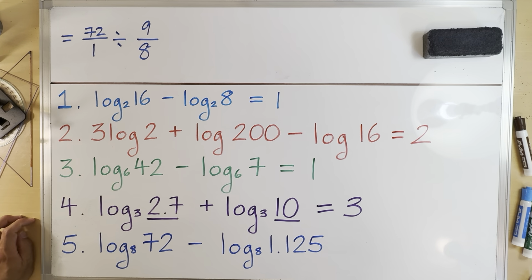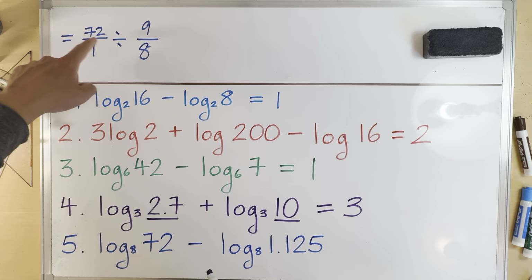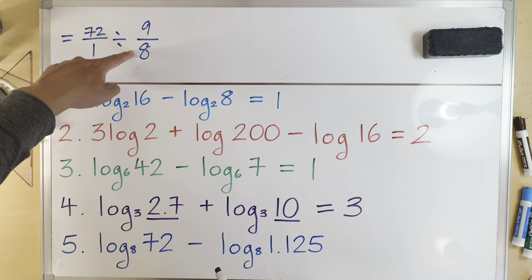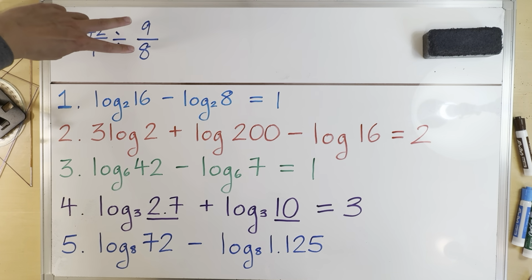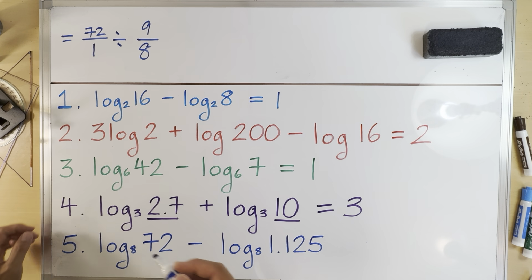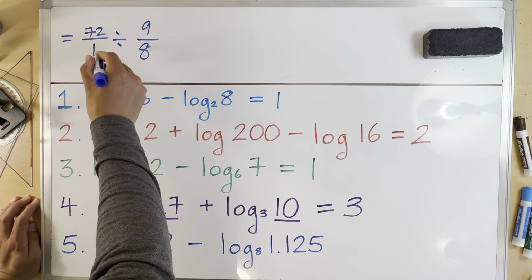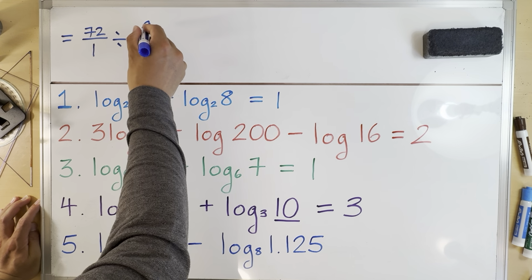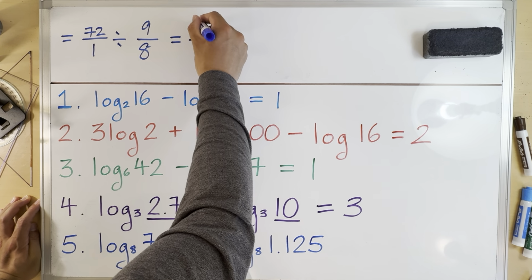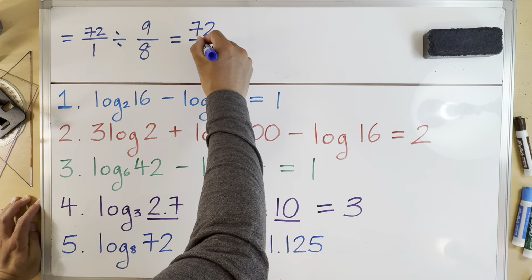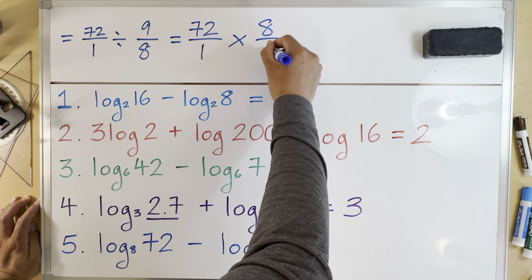Now, remember that dividing something by a fraction is equivalent to multiplying it by its reciprocal. So let us do that right now. 72 over 1 divided by 9 over 8 would be the same thing as 72 over 1 times 8 over 9.